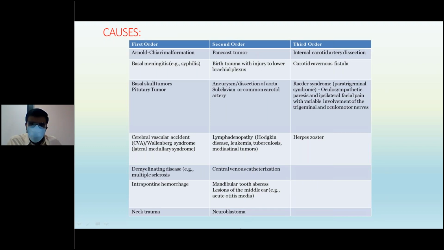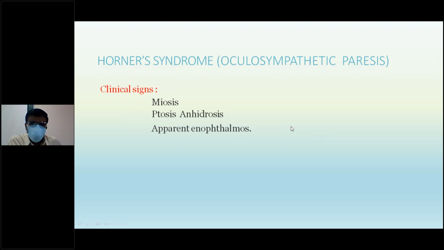All these conditions cause second order. Third order includes internal carotid artery dissection, carotid cavernous fistula, Raeder syndrome, and episiotomy. They are all causes of third order Horner syndrome.